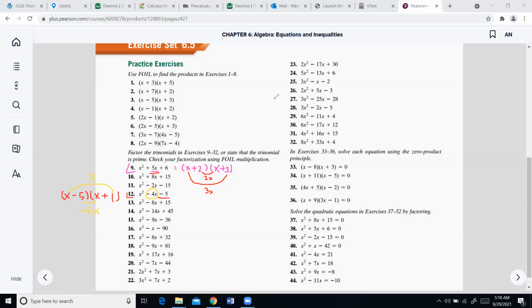Well, sometimes we don't have such a nice start as x squared. I'm looking right now at problem 21. Well, in exercise 21, I'm going to have 2x squared factored with 2x multiplied by another x. 2x squared factors 2x and x.